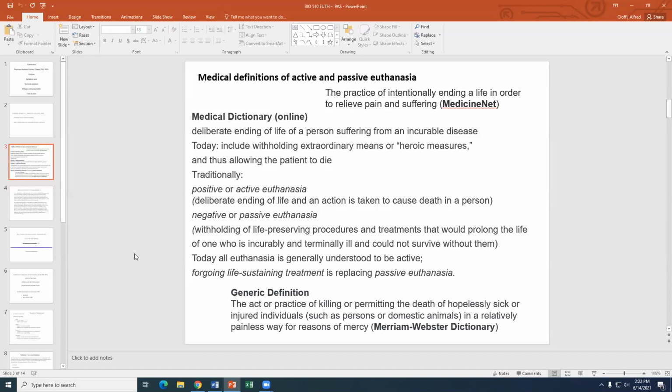So the definition of euthanasia is not firmly developed yet. As you can see, just from stuff that is online today, it's a little ambiguous. They're not really making a distinction between killing or allowing to die. Most of these definitions do state that the patient is either in pain or suffering, but it may be chronic, but not definitely dying, right?